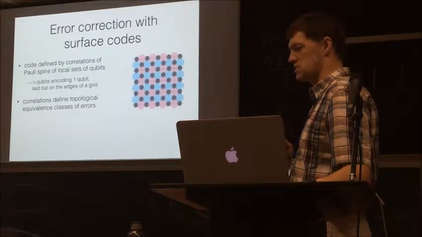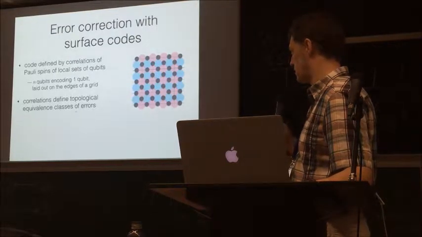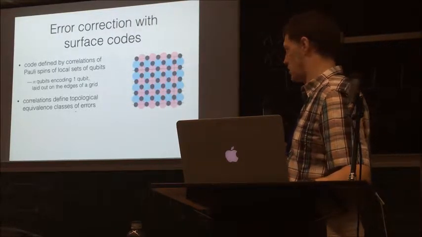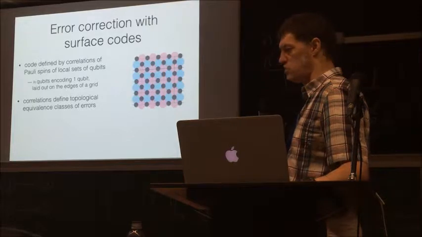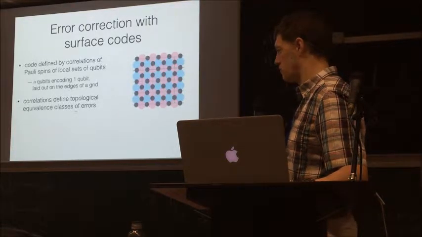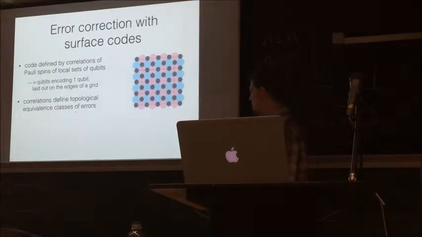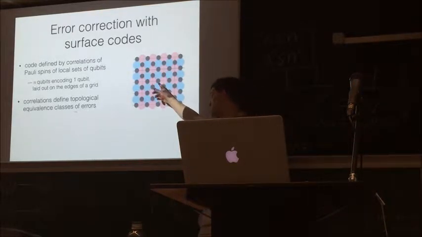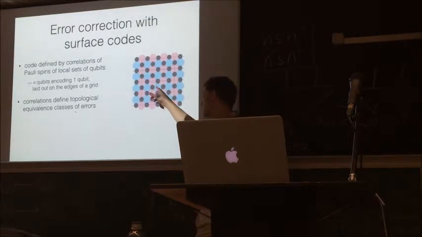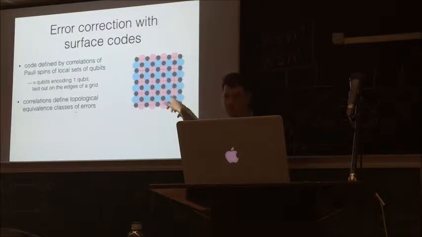So the parities that we impose basically make the different errors that can occur equivalent to one another in particular ways, corresponding to topology. If you imagine a chain of a particular kind of errors, say X errors, happening along some chain, then it doesn't matter which path between the two endpoints it takes.